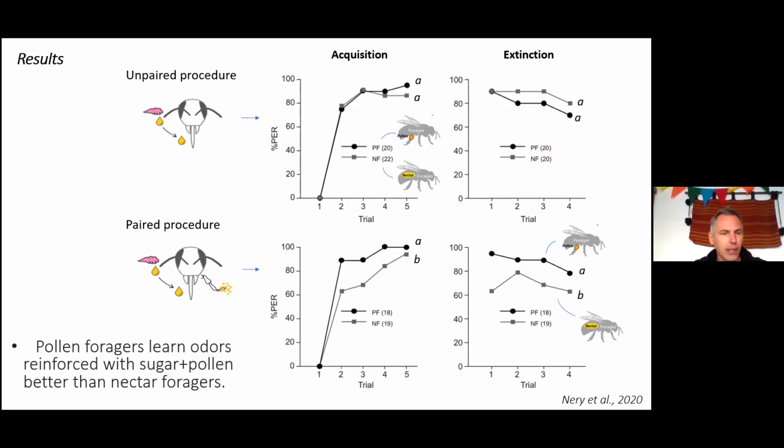As a conclusion, we might say that pollen foragers learn odors reinforced with this double reinforcement, sugar plus pollen, better than nectar foragers.